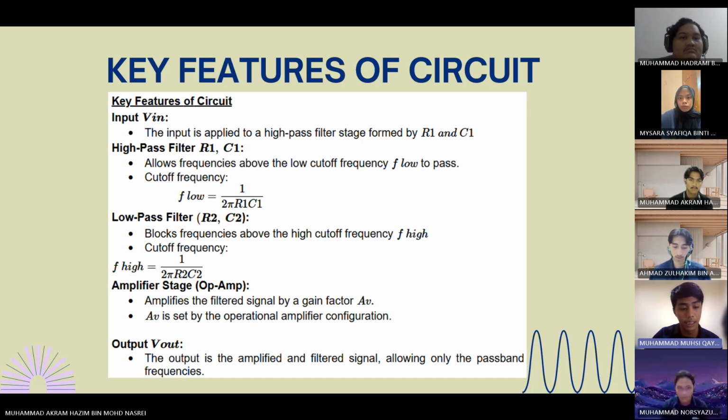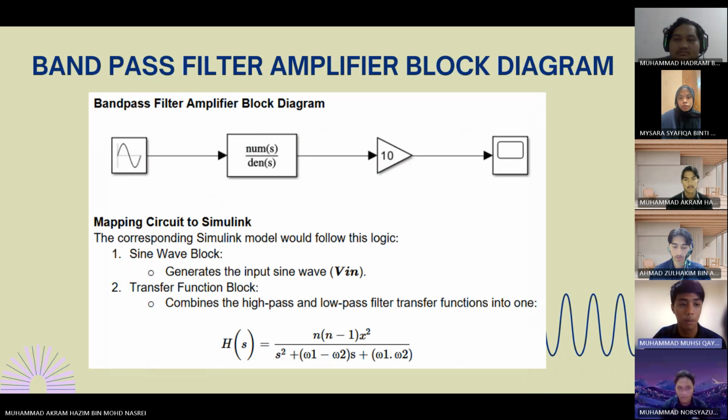So next, we've got the band pass filter amplifier block diagram. This represents a system level view. The first one is the input signal source. It's typically a sine wave containing a mix of frequencies. The second one is the transfer function block.